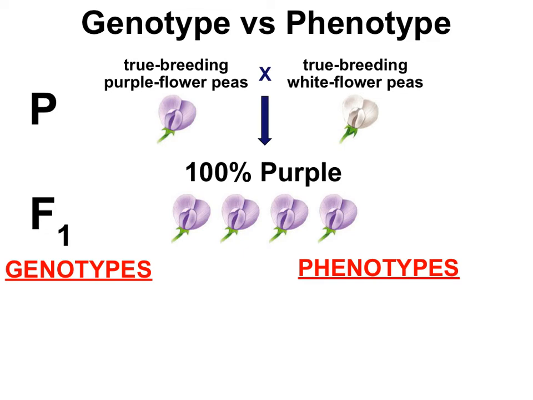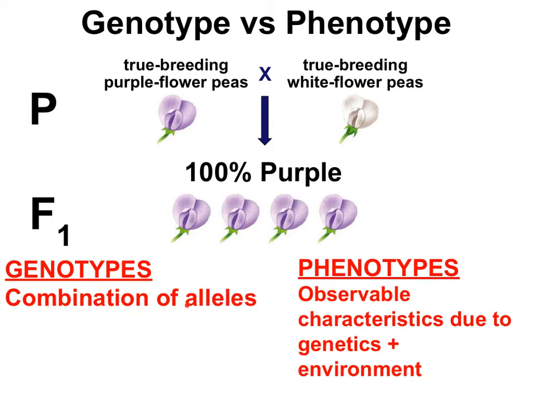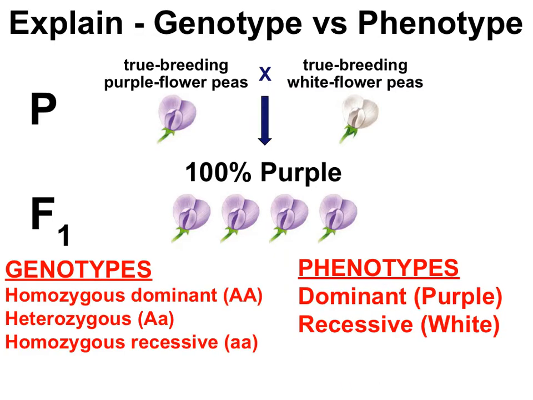Mendel's work paved the way for us to understand the terms genotype and phenotype, where genotype is the combination of alleles in an organism, and a phenotype is what you observe about the trait that's encoded by the genotype as well as influenced by the environment. The genotypes in Mendelian genetics are homozygous dominant, heterozygous, and homozygous recessive, and the phenotypes are either dominant or recessive.